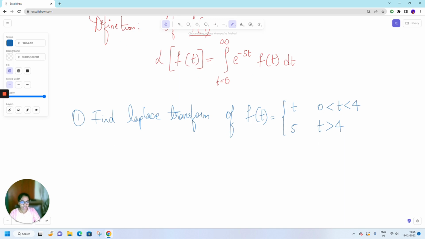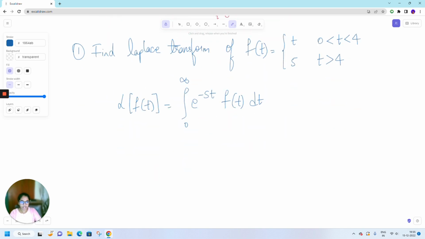Now we have f of t. We are supposed to find Laplace of f of t. What is the formula? Integral from 0 to infinity e power minus st f of t dt. Let me write that down. Laplace of f of t is equal to integral 0 to infinity e power minus st f of t into dt.